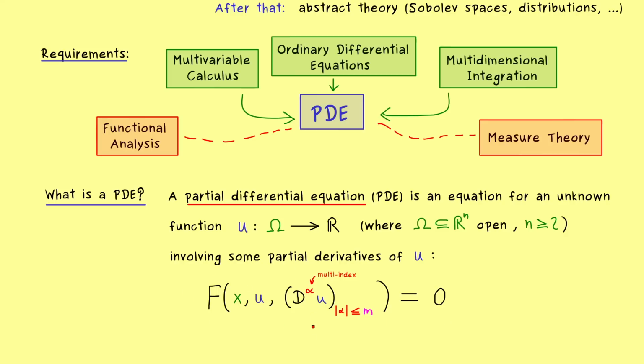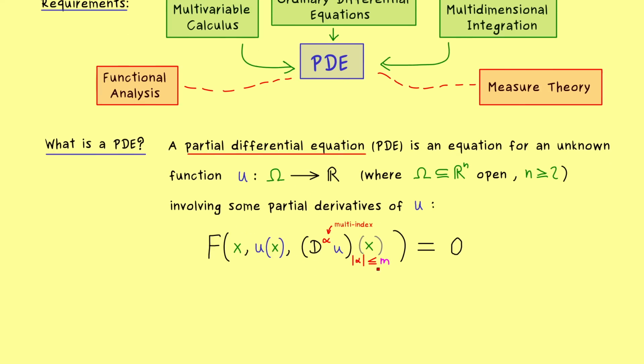This formulation already explains what a PDE is, but to make it more precise, we should evaluate all these functions at the point x. This means we have u of x here and all the partial derivatives of x as well. With that, our capital F is now a well-defined map, which gets omega as an input here, R as an input there, and a lot of Cartesian products of R there.